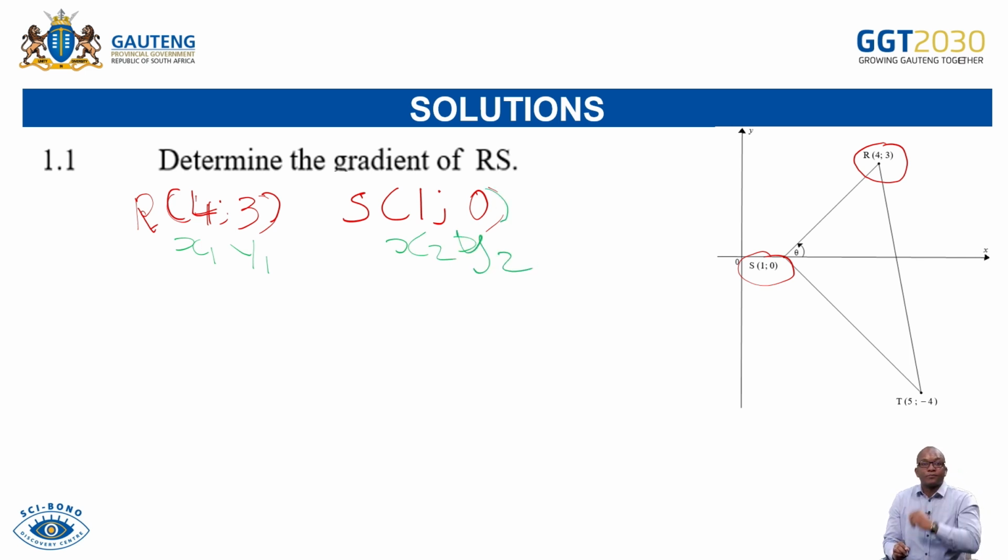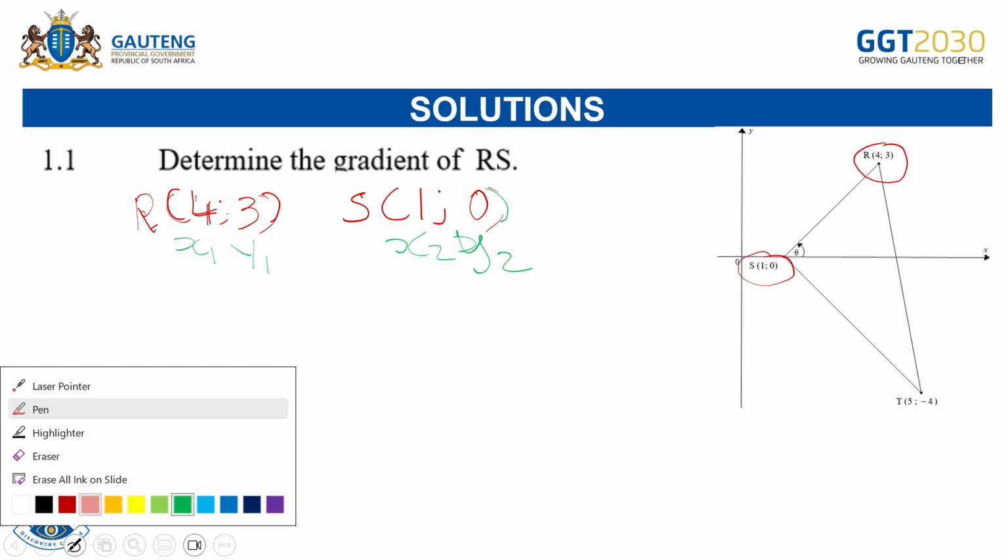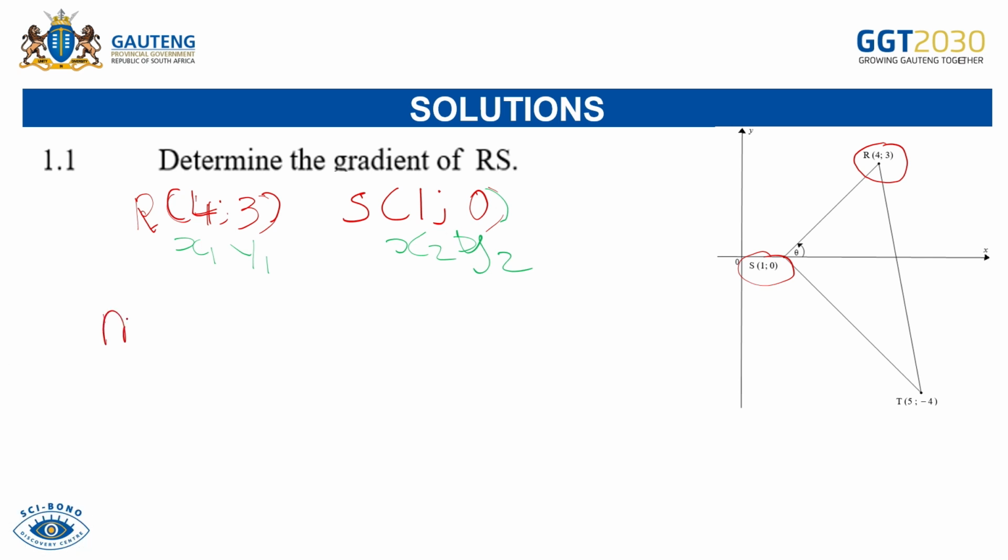Then you can go and identify your formula in the information sheet, and that's what the formula for gradient is going to look like. Then what we do here, we're going to substitute. As we substitute, remember all the time you must indicate using your brackets.